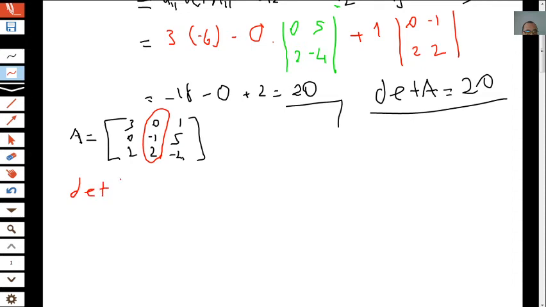So it is equal to 0, -1 to the power, the first entry of the second column is 0.